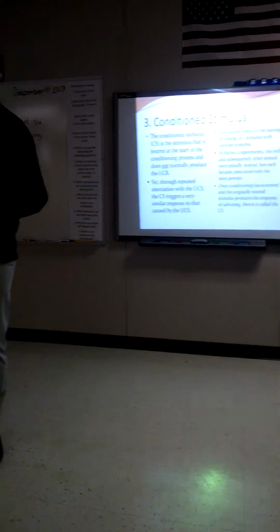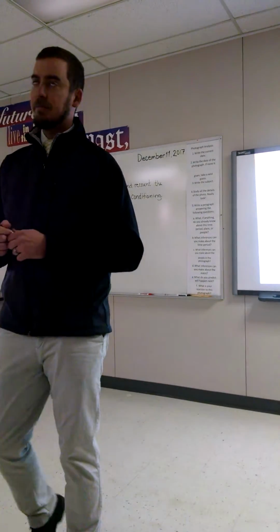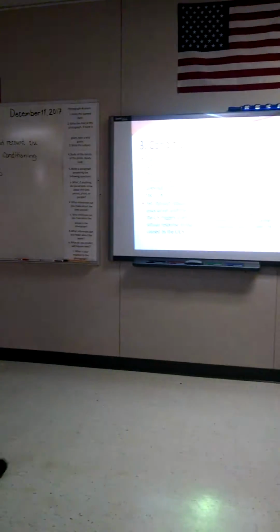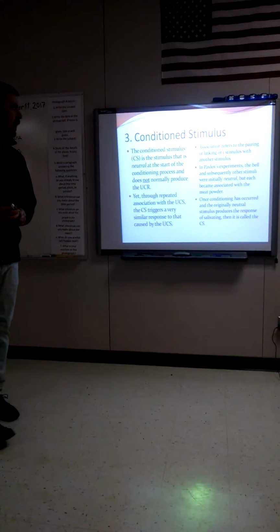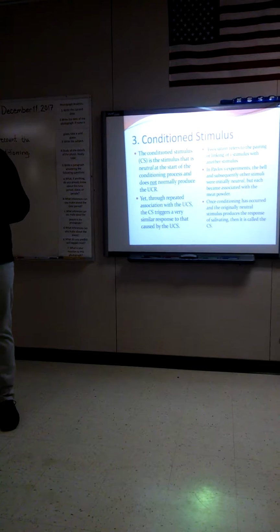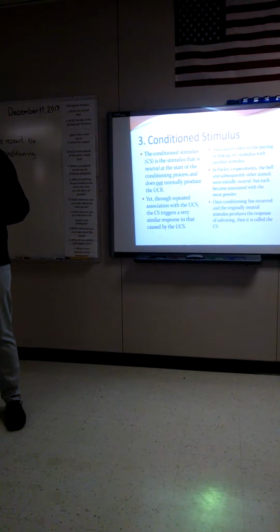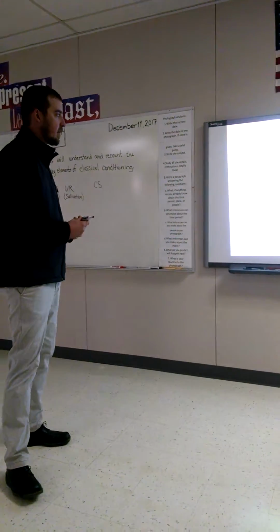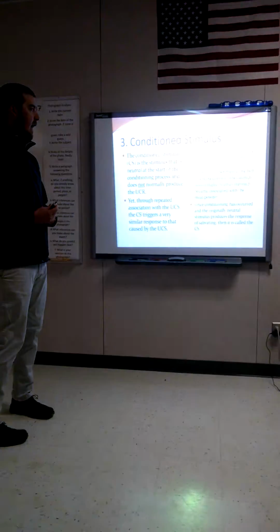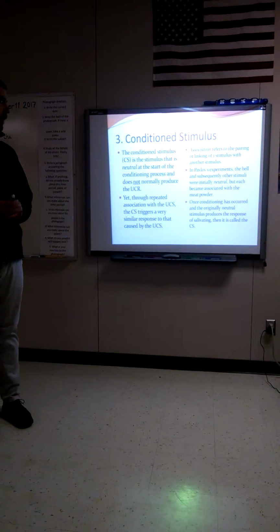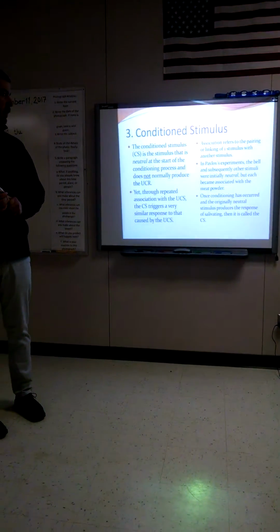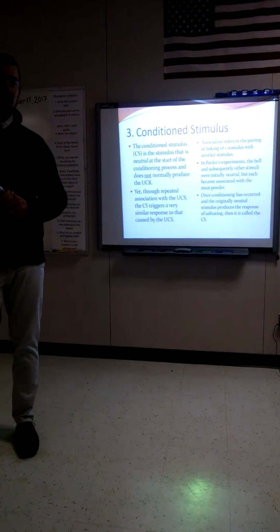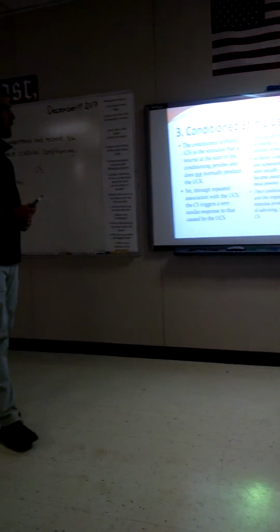So we have the word association. It links the two, okay? In Pavlov's experiments, the bell and subsequently other stimuli were initially neutral, but each became associated with the meat powder. So when you mentioned the noise, it was the bell that Pavlov used, which we'll look at in just a sec. Once conditioning has occurred and the originally neutral stimulus produces the response of salivating, then it is called a conditioned stimulus.